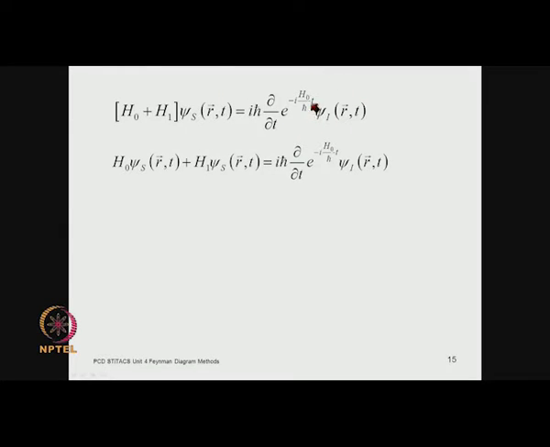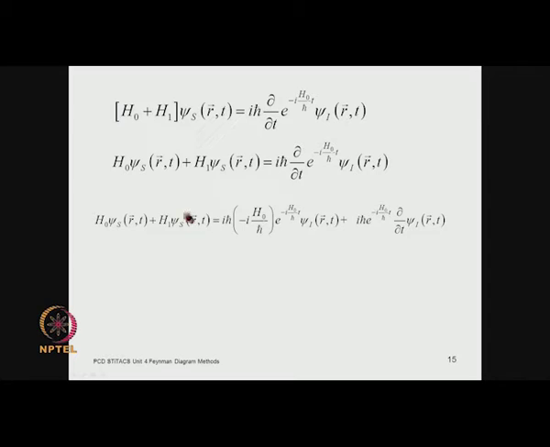So, there is time dependence over here and a time dependence over here, right. So, you have two terms on the left hand side, one coming from the operation on psi S by H0 and the other which comes from the operation on psi S by H1, which contains the complicated terms leading to electron-electron correlations.